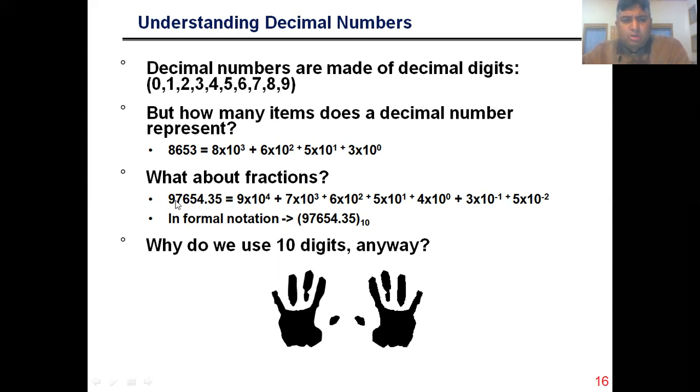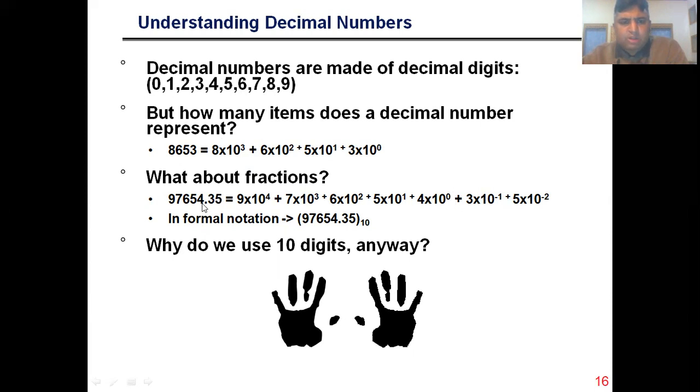Similarly, a fractional number can also be broken up by a similar method: 9 into 10 raised to the power 4, and so on up to 4 into 10 raised to the power 0, repeating the above process.